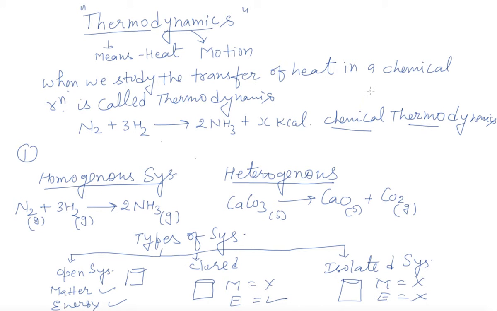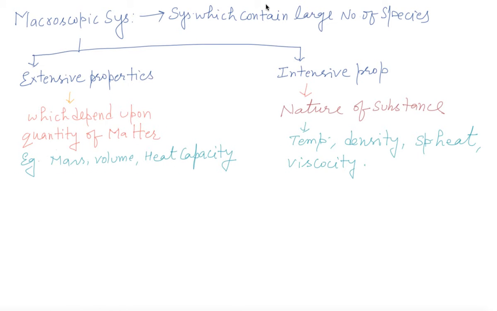Now we will discuss some more terms of thermodynamics. The macroscopic system is a system which contains a large number of species, and it has two types of properties: extensive properties and intensive properties.